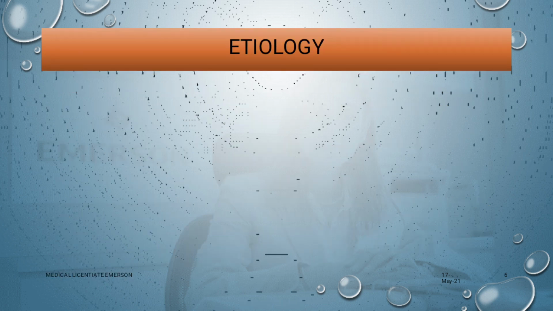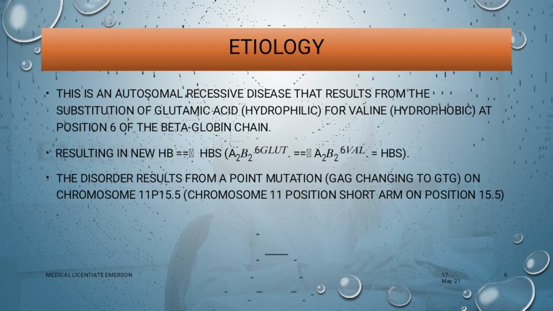Then in terms of etiology, this is an autosomal recessive disease that results from a substitution of glutamic acid, which is hydrophilic, for valine, which is hydrophobic, at position 6 of the beta globin chain, which results in the new Hb. The new resulting Hb is HbS.